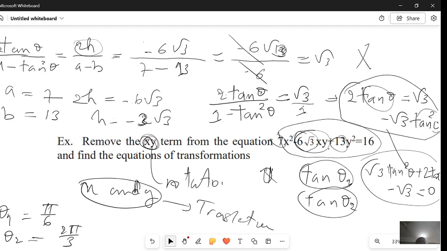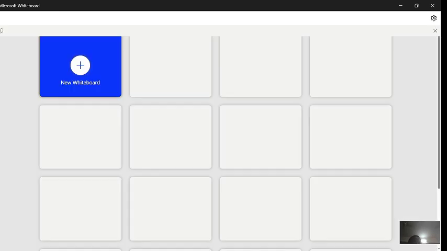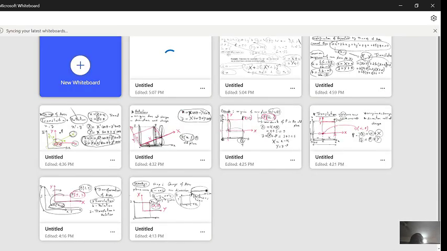Now I already found the value of theta 1 and theta 2, let's finish. I just have to put the values in the equation. Which equation? The previous equation that we saw in the rotation.